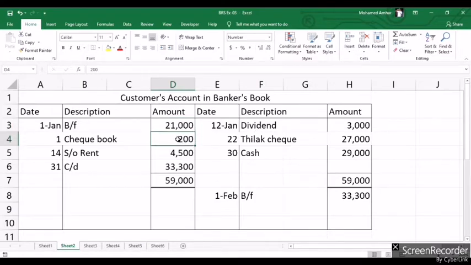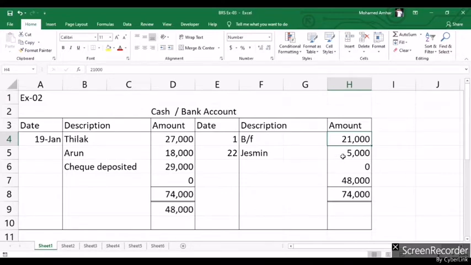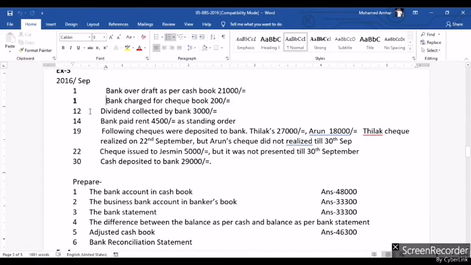That 200 would have been recorded on the debit side of the customer's account, with the narration checkbook, but it wouldn't have been recorded in the cash account, because the business has still not received the bank statement, so the business does not know how much was charged for the checkbook.